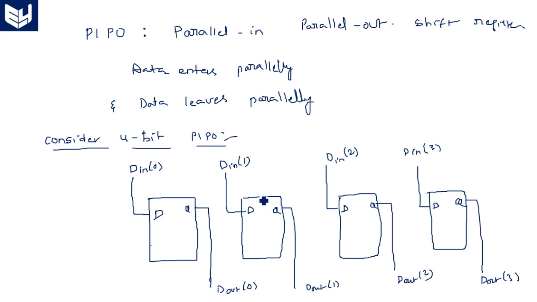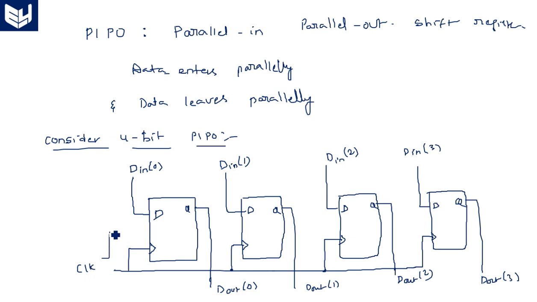So to have a relation and to work synchronously, we take the clock signal, which is common to all these flip-flops, so that the input and output operations are done parallelly among all of them. That is the only link or sync between these flip-flops.